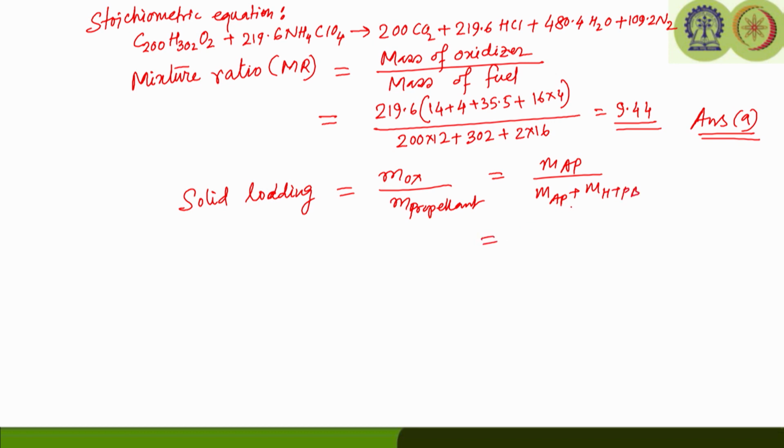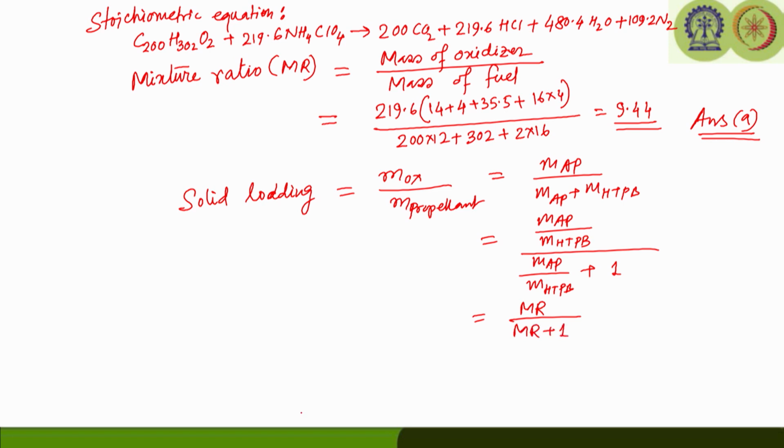Now, if we divide by the mass of HTPB, we have mass of AP divided by mass of HTPB in the numerator, and in the denominator mass of AP by mass of HTPB plus 1. So, what is mass of AP by mass of HTPB? It is nothing but the mass of oxidizer by mass of fuel, which is the mixture ratio MR. So it is MR divided by MR plus 1.